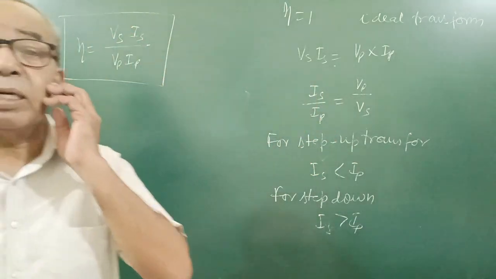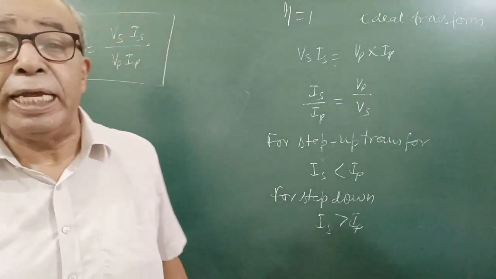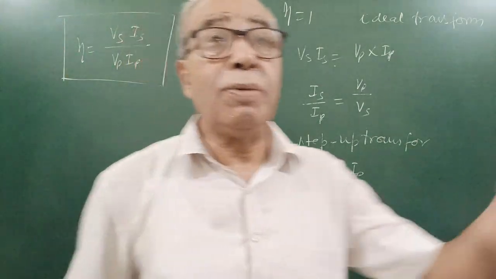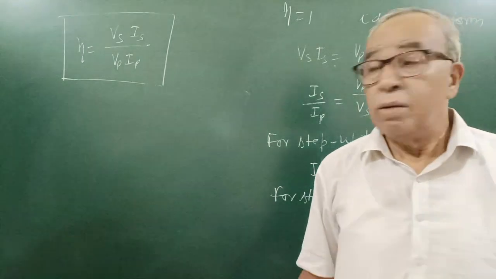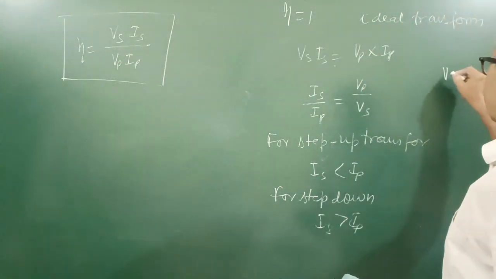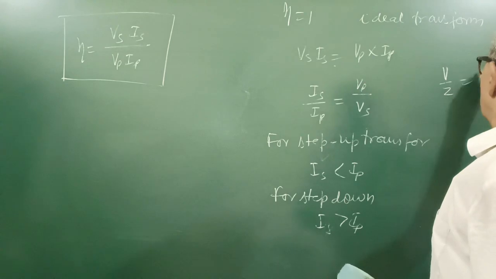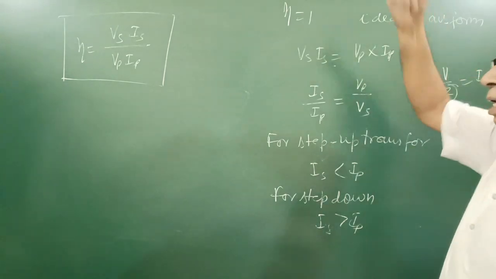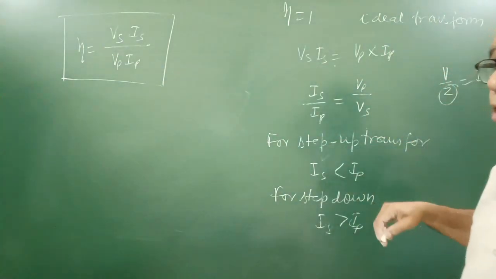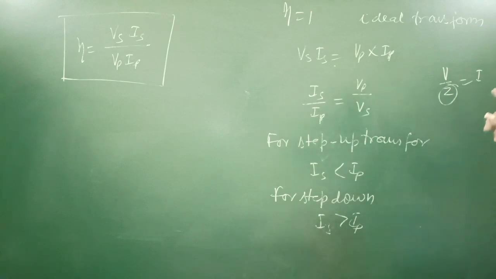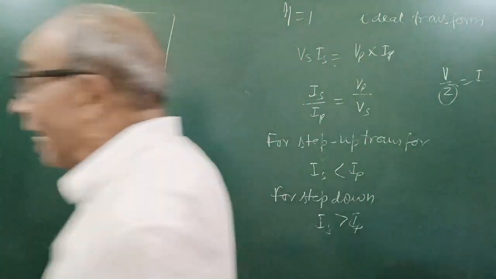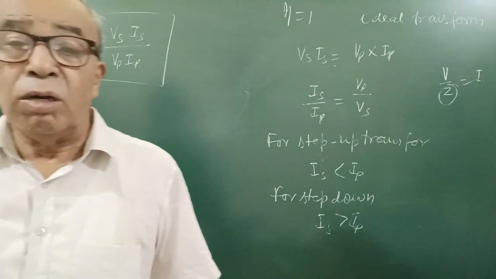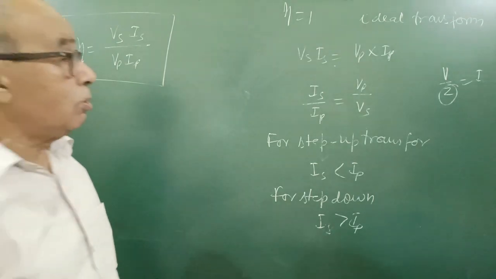It does not mean that when you are stepping up voltage, current in your circuit becomes less. I equals V by Z, and impedance Z remains the same. If you have got voltage output higher than the initial one, then the current in the circuit here will be less than the current in the primary, or the current which is generated by the source.